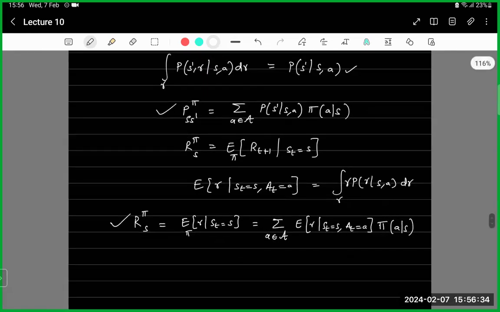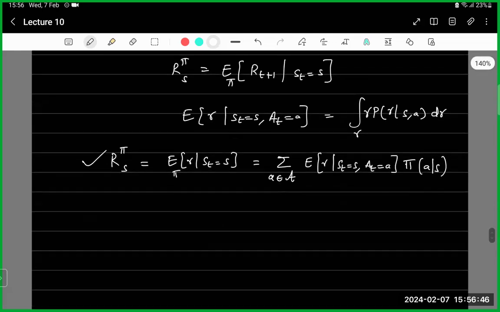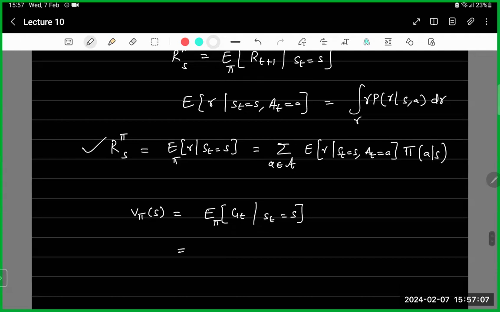Now what we want to understand is how we can find V pi. If we know the dynamics of the MDP, how can we find V pi? So let's try to do that. What is the definition of V pi of S? Expected value of G_t given S_t equal to S. Correct? So what is G_t? Can I write G_t as R_{t+1} plus something?